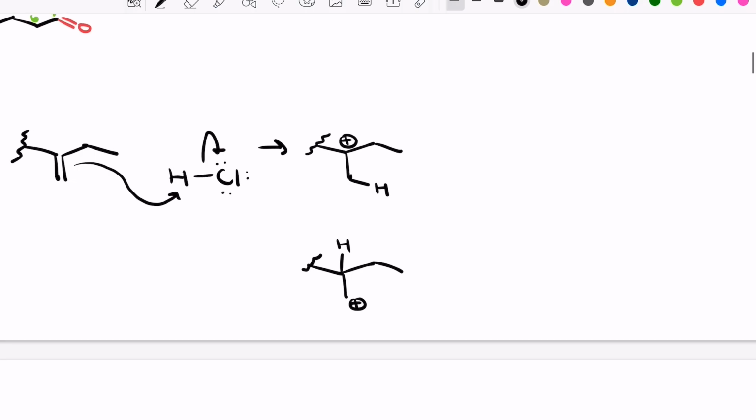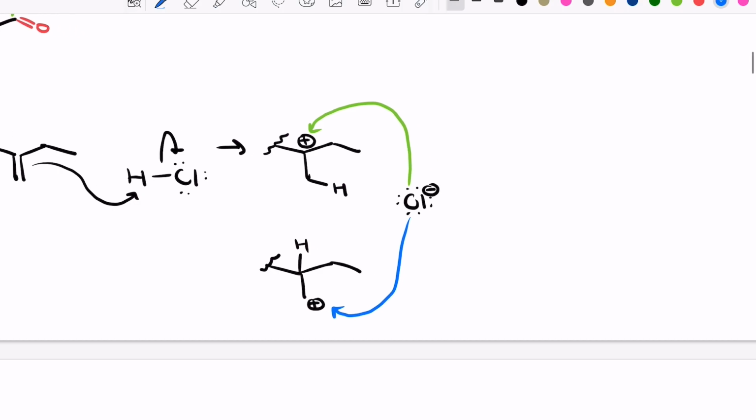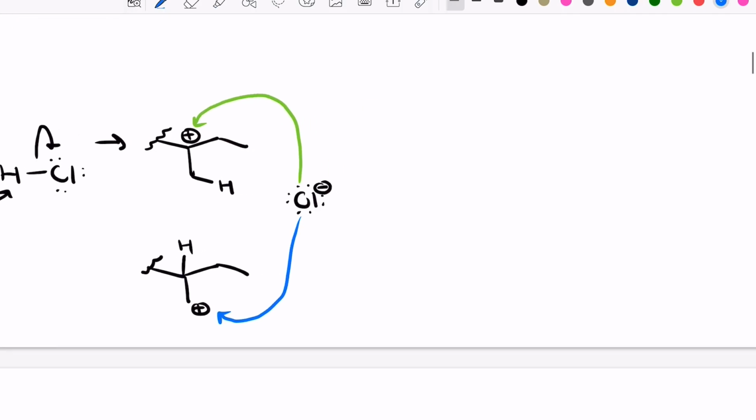So from here we have Cl minus in solution. I would draw it twice, but I'm just going to draw it once, Cl minus, for sake of time. Cl minus is going to attack the carbocation here. It's going to also attack here. One Cl minus doesn't do both, it's just that I don't want to draw both.